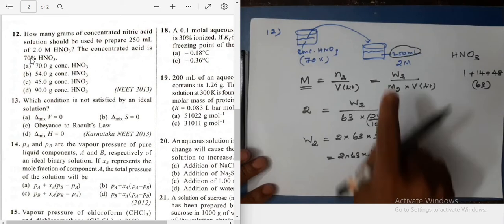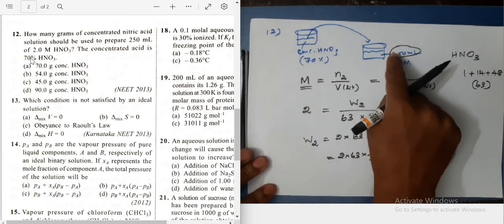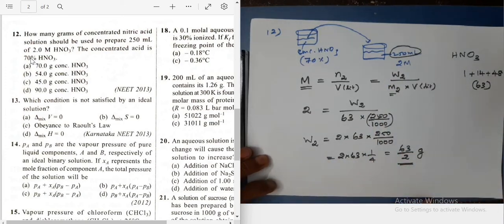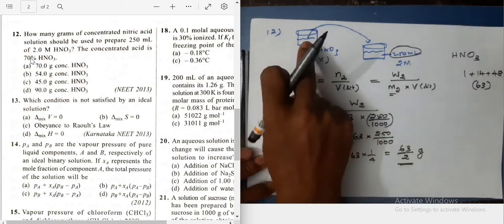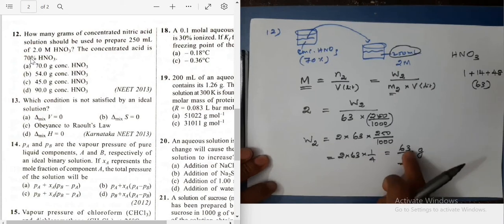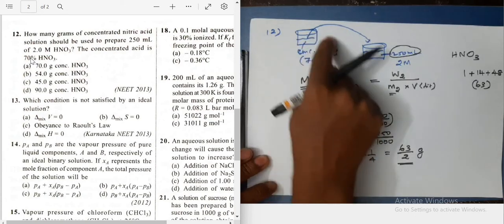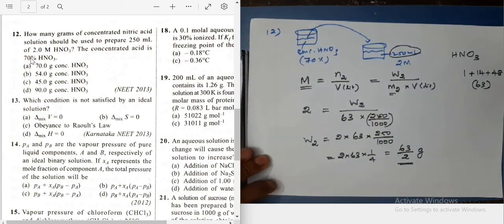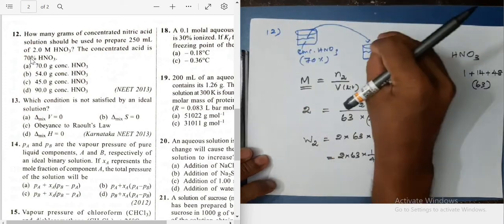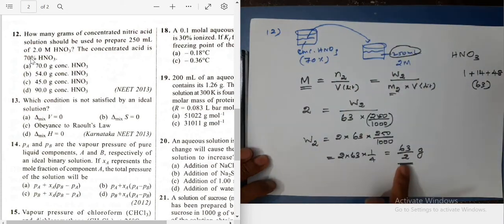Students, observe carefully. To prepare 250 ml of 2 molar nitric acid solution, we require 63 by 2 gram of nitric acid. But the solution given is 70% nitric acid. From the 70% nitric acid, we should take some mass of solution, and that solution mass should contain 63 by 2 gram of nitric acid.